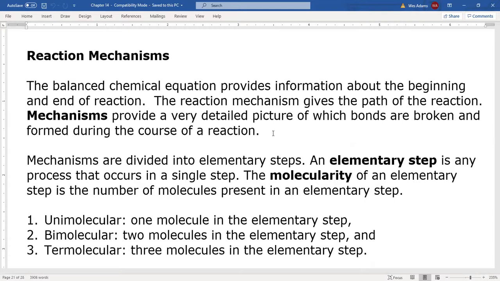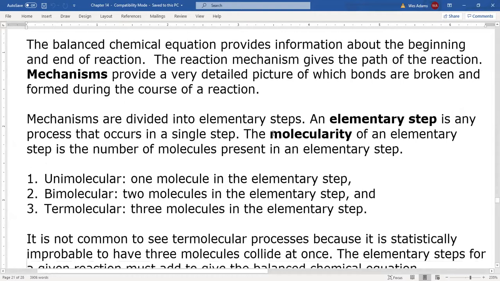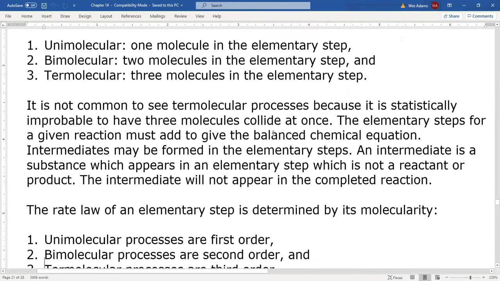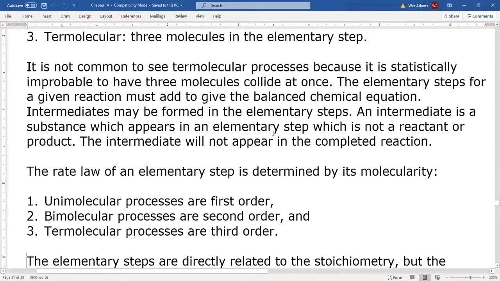The more molecules you have to get together at the same time, the less likely that is. Unimolecular is pretty common, bimolecular is very common, termolecular is getting uncommon, and beyond that, it becomes increasingly uncommon, as you might imagine. So it's not common to see that because it's just not statistically likely. It happens, but rarely.